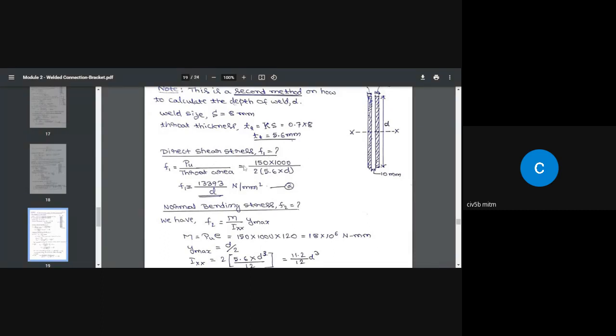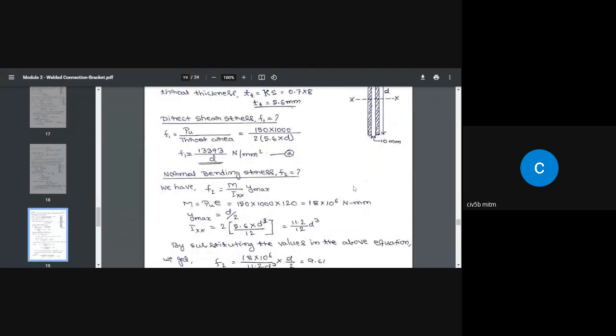That is 150 multiplied by 1000 divided by the throat area. 5.6 is the throat thickness, multiplied by the depth of the weld, multiplied by 2 because we have 2 such welds. So whatever value we got is in terms of D. Similarly, normal bending stress F2.